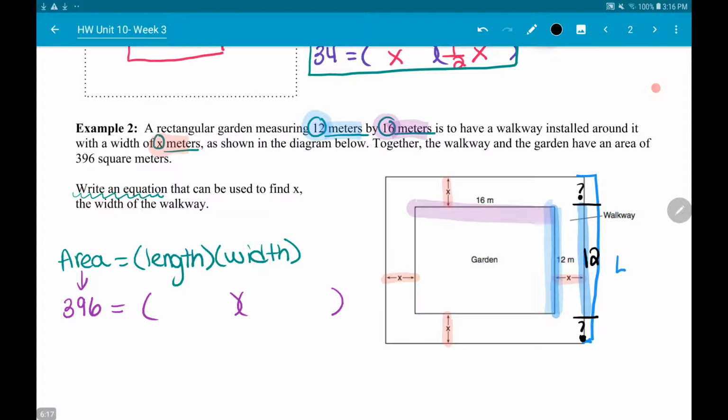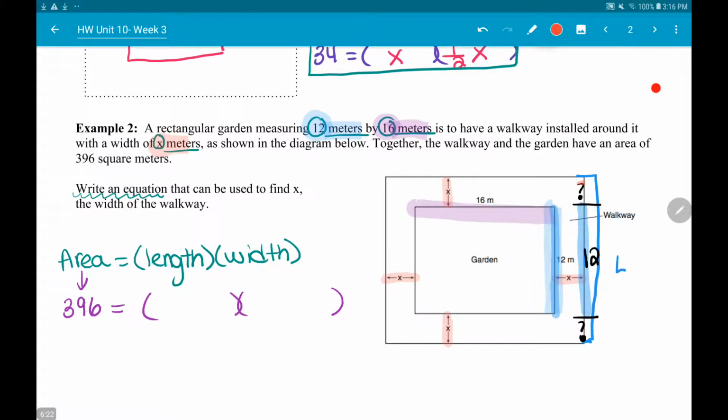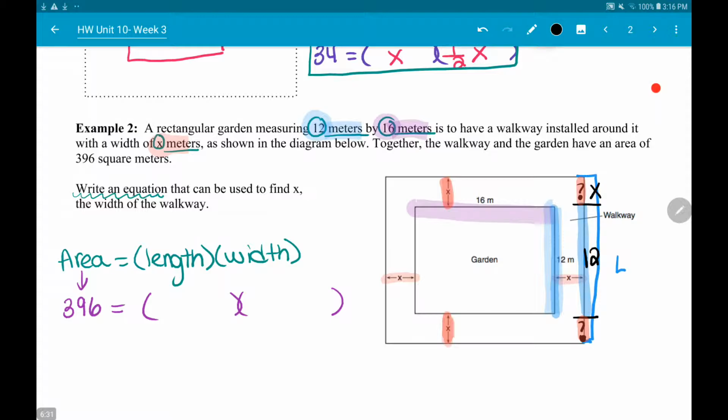We know from the walkway that this missing piece is the same as this missing piece, and the same thing over here. We don't know what those are, but we do know that they're called x. So when I'm talking about the entire length, I'm talking about that x, that 12, and that x on the bottom. So the length is x plus 12 plus x.